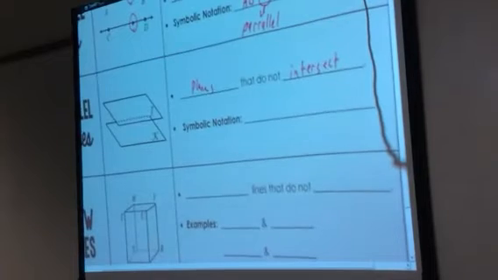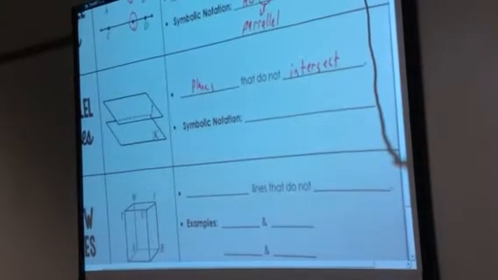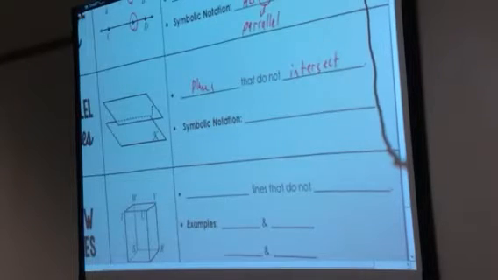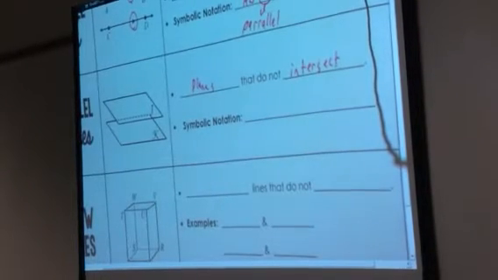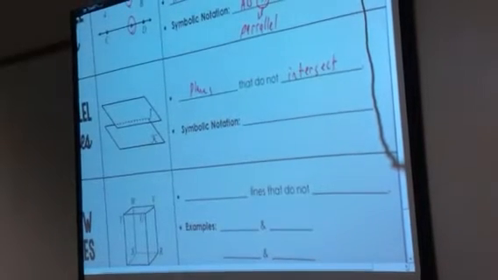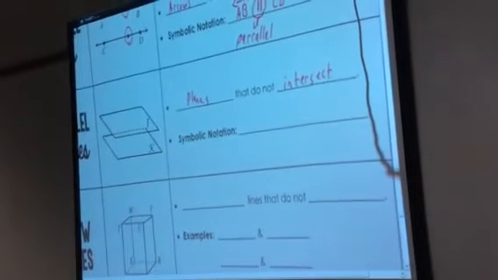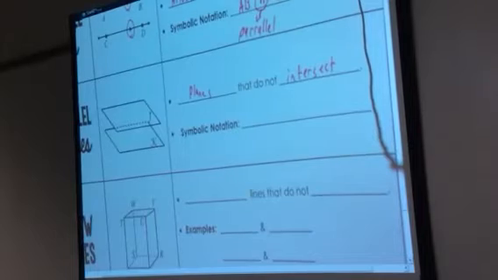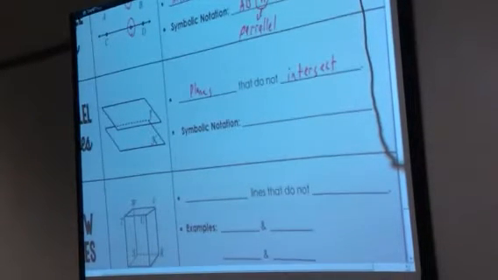Remember, a plane is a flat surface. So if you were looking at a room, the floor and the ceiling would be parallel, right? They would never intersect, they don't touch each other. Or the left wall and the right wall would be parallel to each other. But if I have one of the side walls and the floor, they touch or they would cross. So those are not parallel, right?